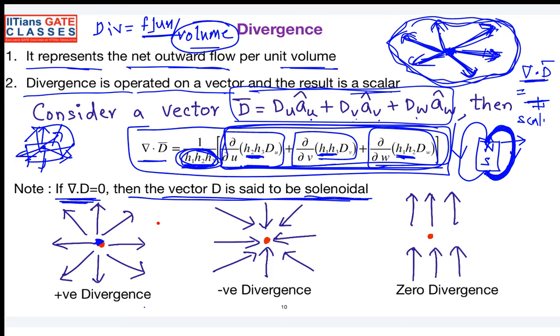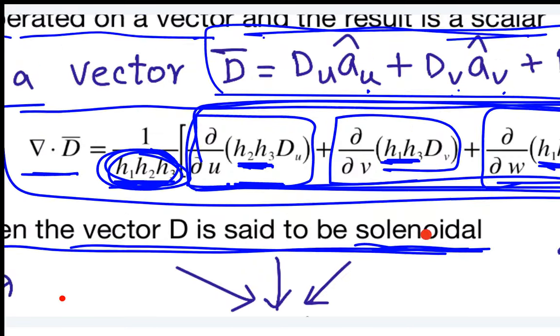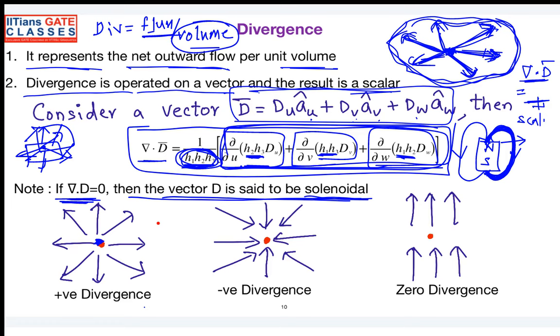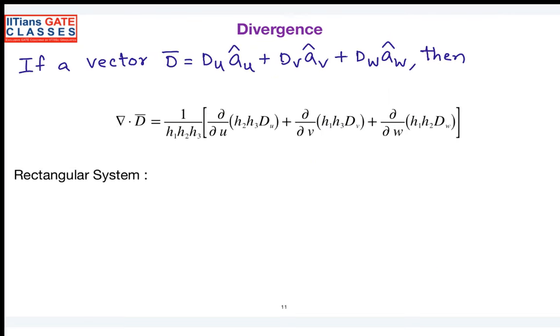As I said, this is your generic vector, irrespective of whether it is rectangular, cylindrical, or spherical. The divergence equation I have given there, and I have explained it as well. In case of rectangular, if I want to write it down, what is the vector you will consider? Dx Ax cap plus Dy Ay cap plus Dz Az cap.